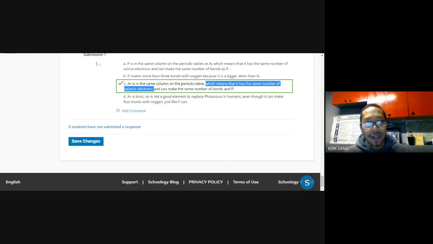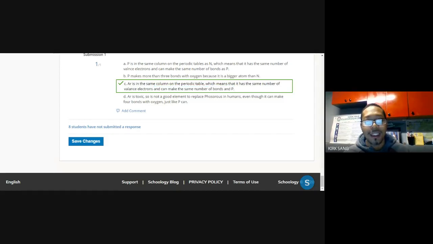All right, so are you saying, Mr. Sang, once they're in the same column, they have the same number of little dots surrounding them? Yes, that's what we're saying. The same number of valence electrons for all elements in the same column. Continuing, and can make the same number of bonds as phosphorus? Yes.